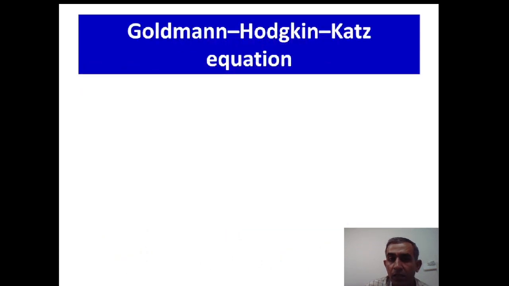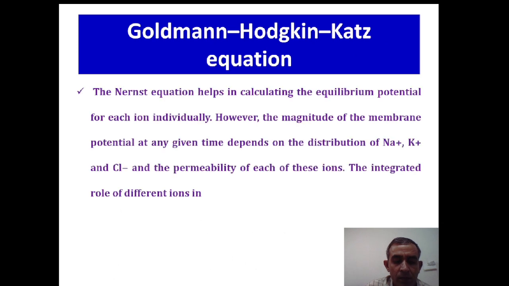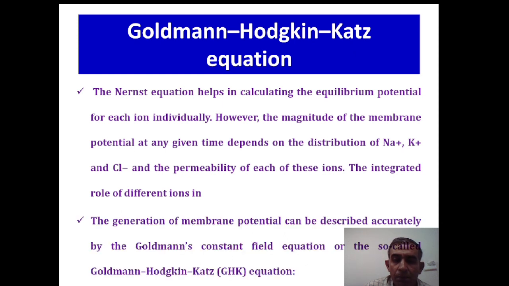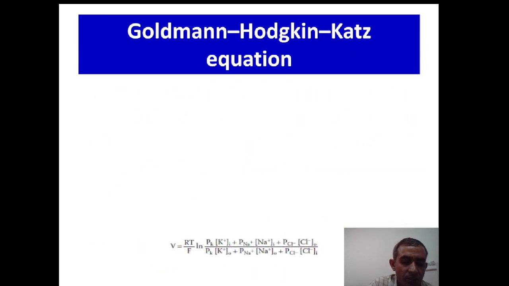And the third and last equation which explains the genesis of the RMP is the Goldman-Hodgkin-Katz equation. So basically, the Nernst equation is applicable to an individual ion, while the Goldman-Katz equation is applicable to a group of ions, and that is the main difference. The equation is given here.